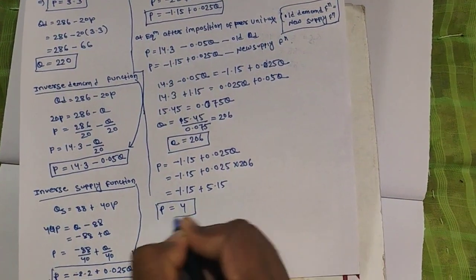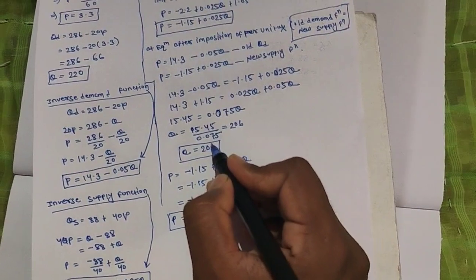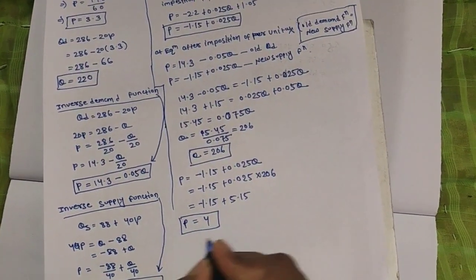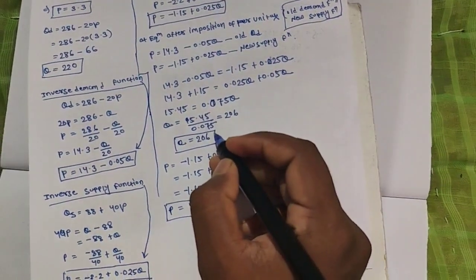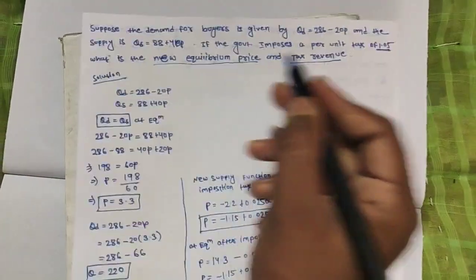This is the new price after the imposition of tax, and this is the new quantity after the imposition of tax. In the given question, we have to find the new price and the tax revenue.